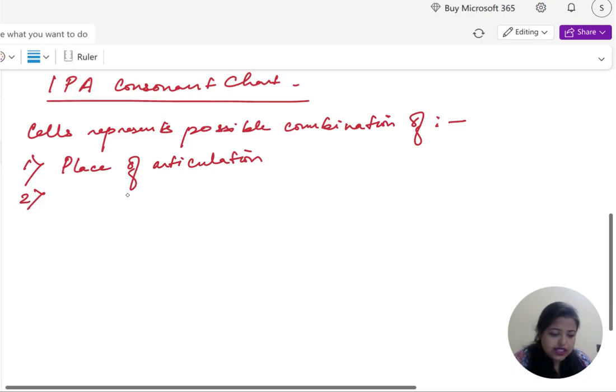Number 2 is manner of articulation. But not all combinations are equal.